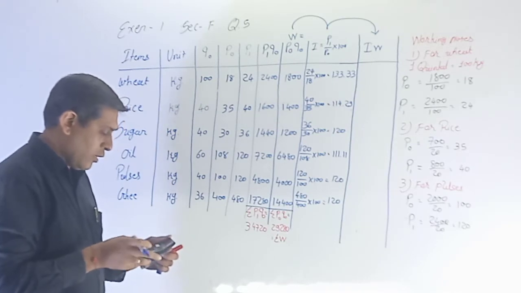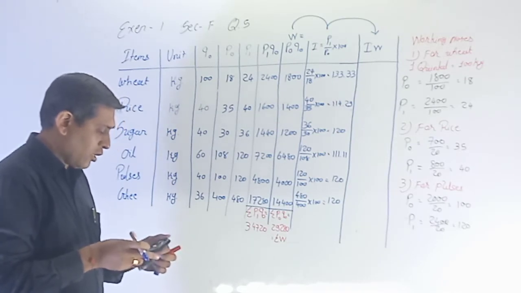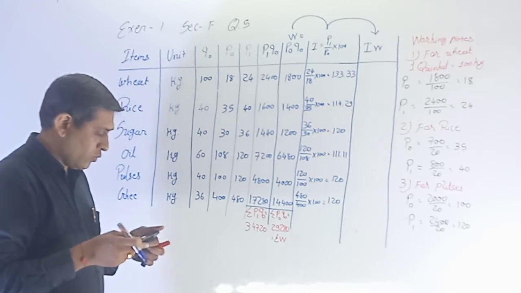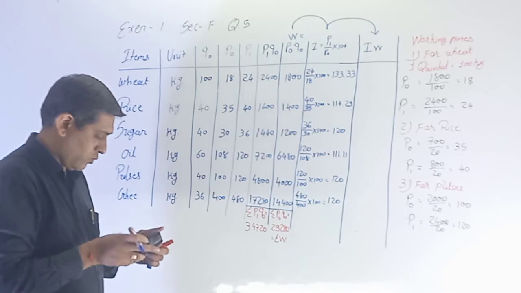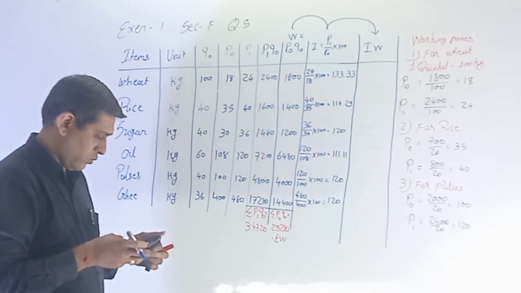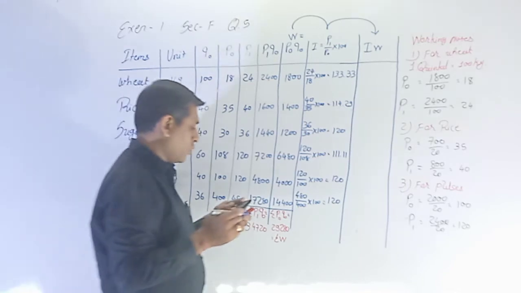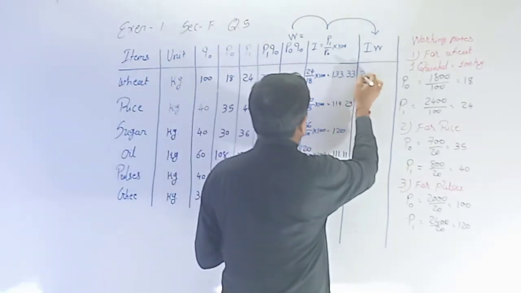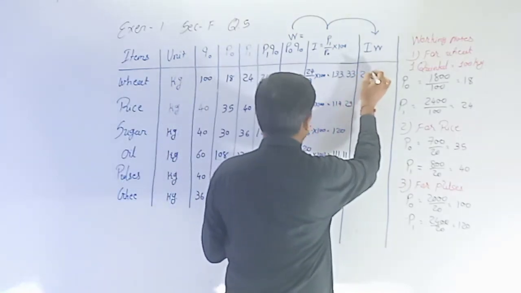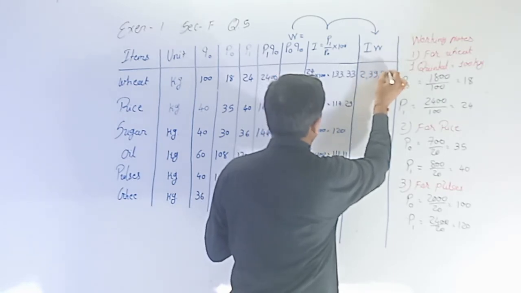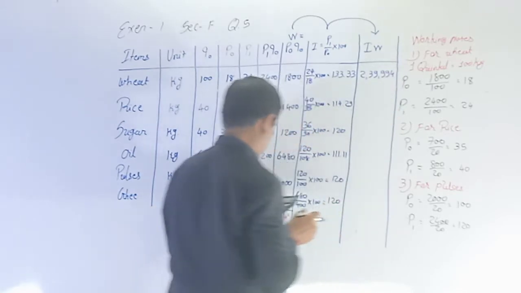That is 1800 into 133.33 is equal to 2,39,904.94.